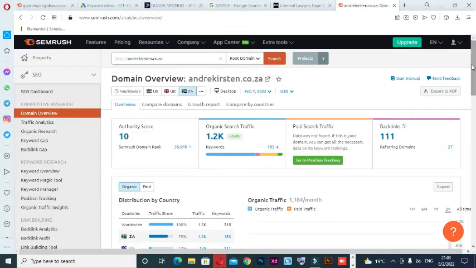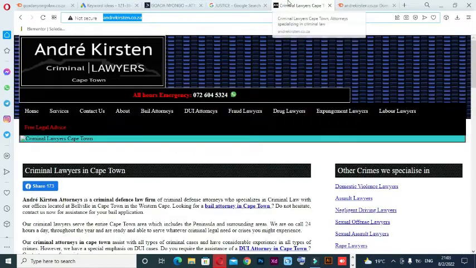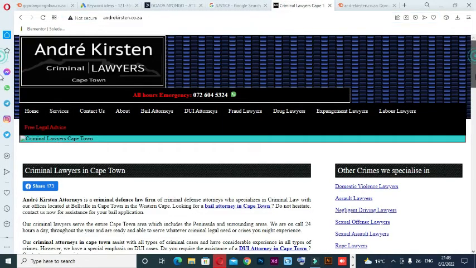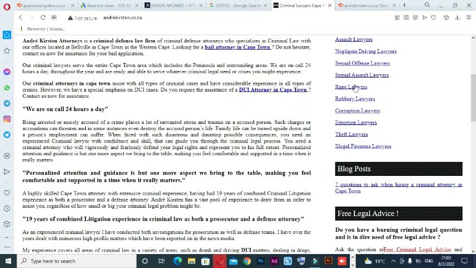It has some data, fortunately. So the top ranked website in South Africa has an authority score of 10, and SEMrush shows that the authority score increased by 38.97% from last month, which means they are constantly working on their website.